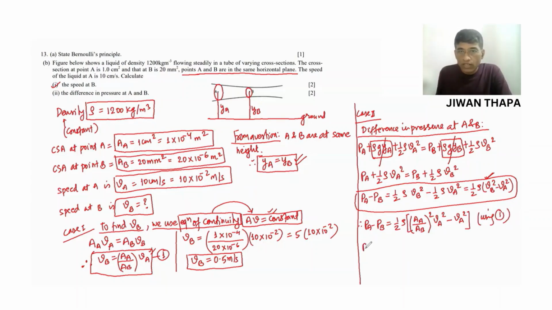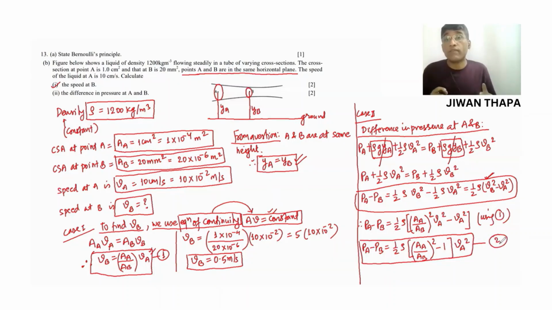Now we can write PA minus PB equals half rho, AA by AB whole power 2 minus 1, and we have VA square. So using this equation, we can find the difference in pressure at point A and B.